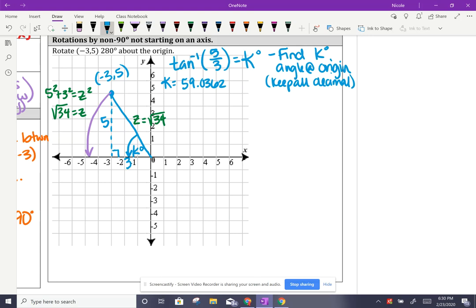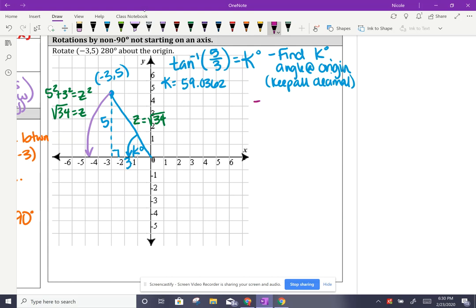So now I know how far we've traveled to get to the axis here, just to the x-axis. So I need to figure out, well, how far do I need to go to get 280? So first I'm going to start by going just 180 degrees because I know I'm going 280.